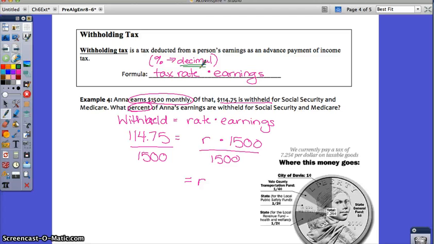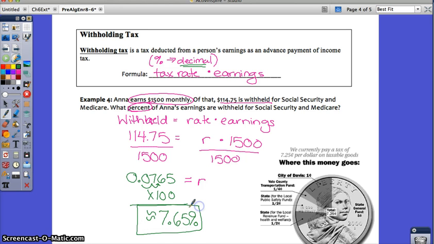When you do this division on your calculator, you get this number, and then we rounded that a little bit, and then we're going to move the decimal place over, or multiply by 100, to get the percent. So that just moves the decimal over 1, 2, and it's going to be about 7.65%. And that would be the withholding percent.